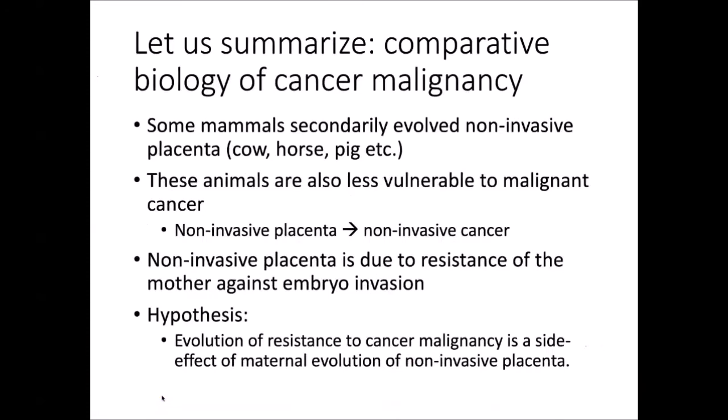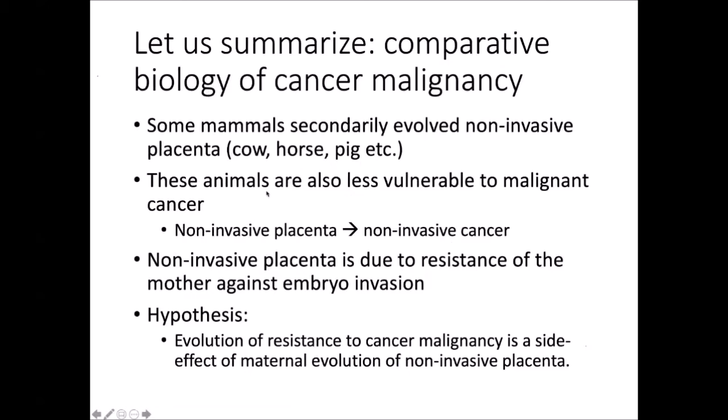So let us summarize the comparative biology of cancer and malignancy that I wanted you to know before we go to the experimental work. Some mammals secondarily evolve non-invasive placentation, those are the cows, horses, pigs, and others as well, but they are not as easy to work with, like tarsiers.